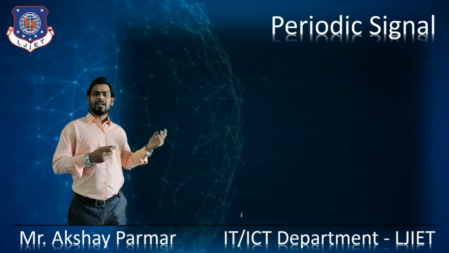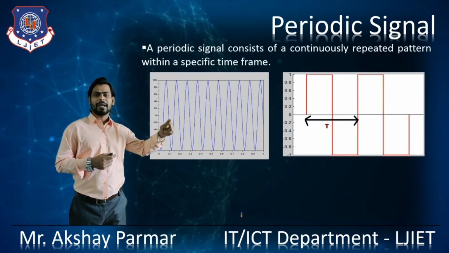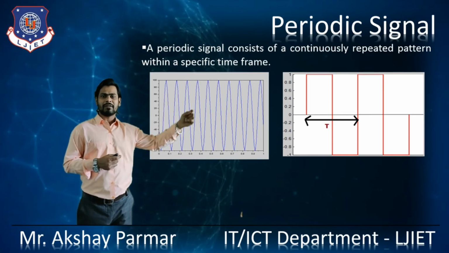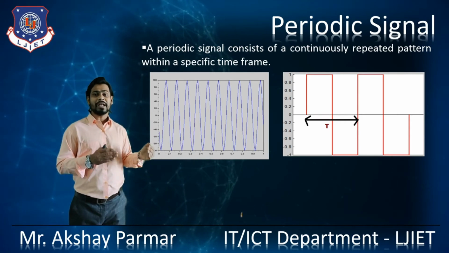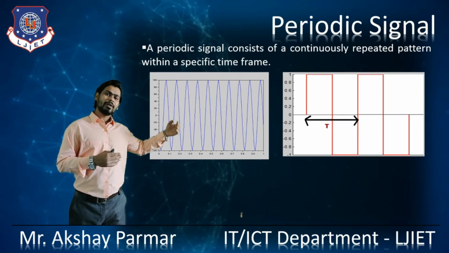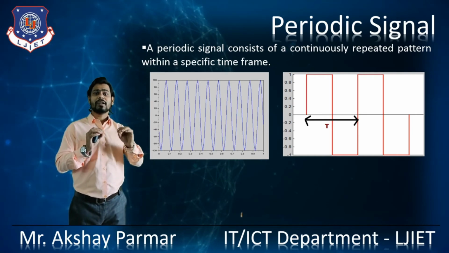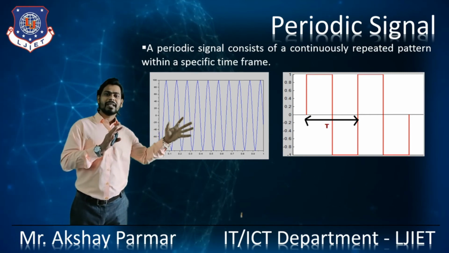For example, analog and digital signals. Here you can see that this wave is repeating its pattern at a particular time interval. In the digital signal too, you can see the signal repeating its pattern at a particular time interval. A periodic signal consists of a continuously repeated pattern within a specific time frame.